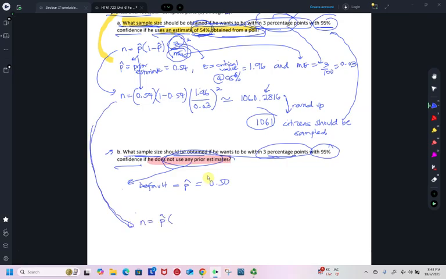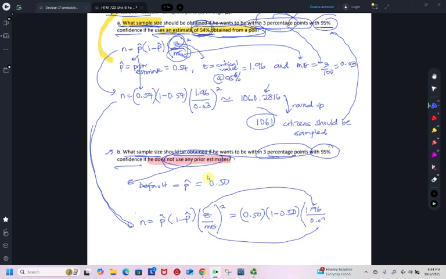So you have p̂ times 1 minus p̂, and then z all over margin of error, all squared. So that will be 0.50 times 1 minus 0.50, and then 1.96 for the critical value divided by 3 percentage points, all squared.